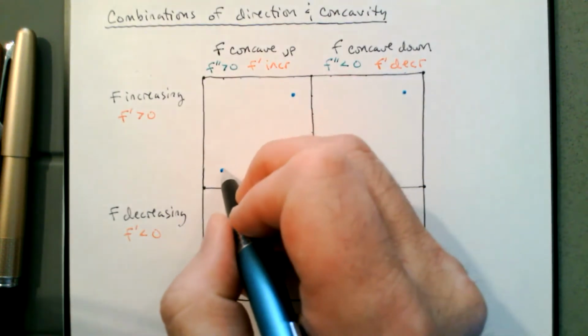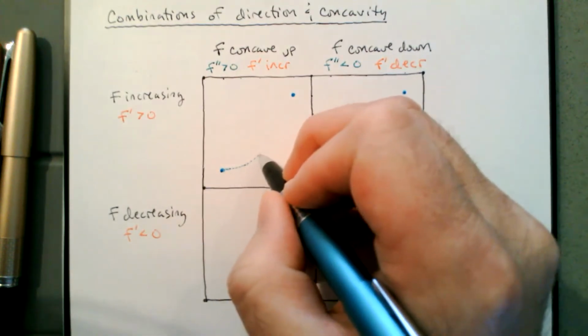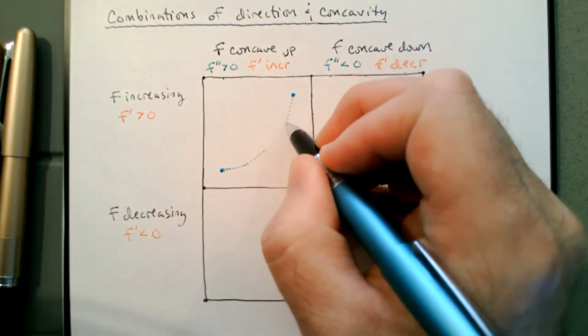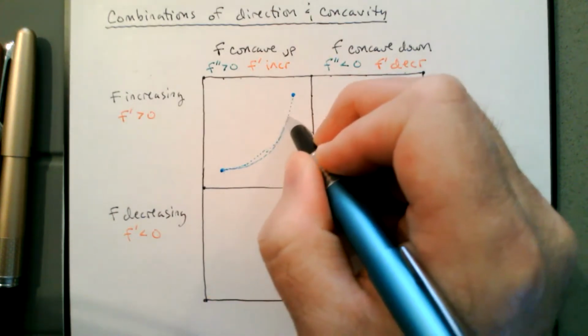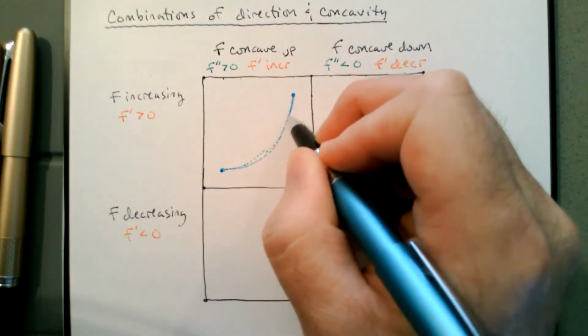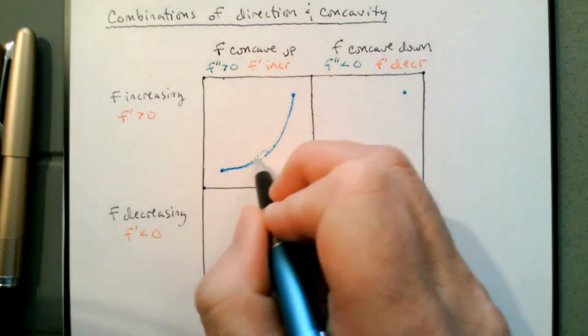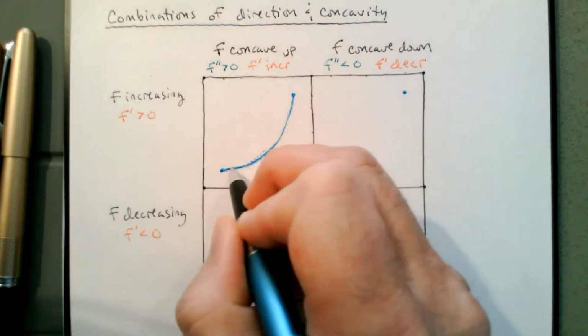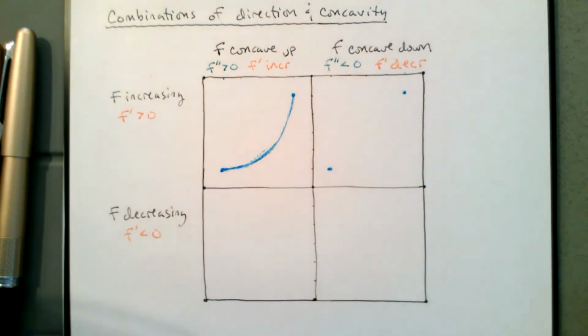So I want to draw something bent with the concave parts facing up. So it's bent below a straight line connecting the 2 points.